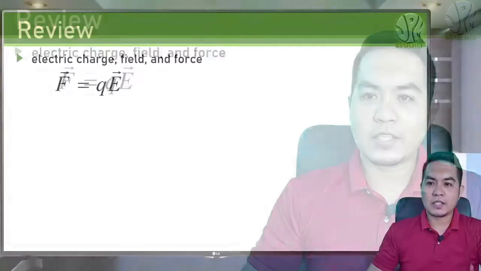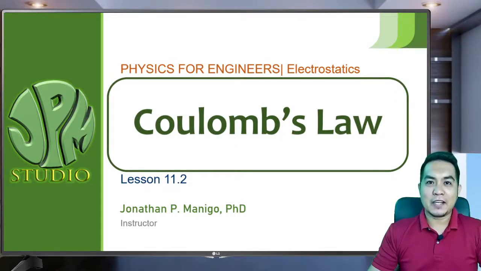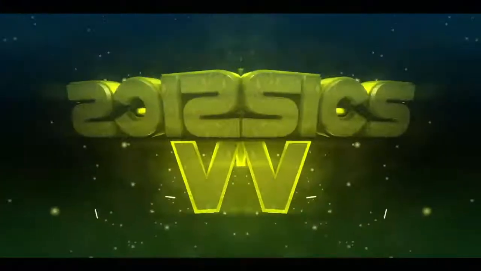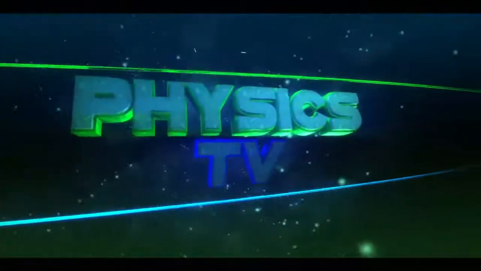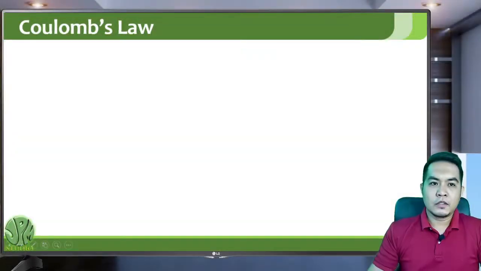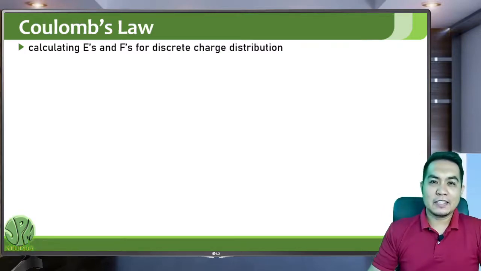So for this lesson, we will now be trying to calculate explicitly the electric field and the electric force of a point charge using Coulomb's law. Coulomb's law is mainly for calculating the electric field and electric force for a discrete charge distribution.